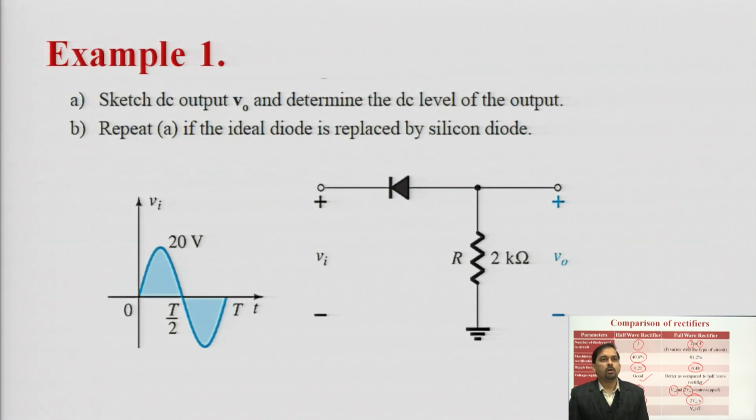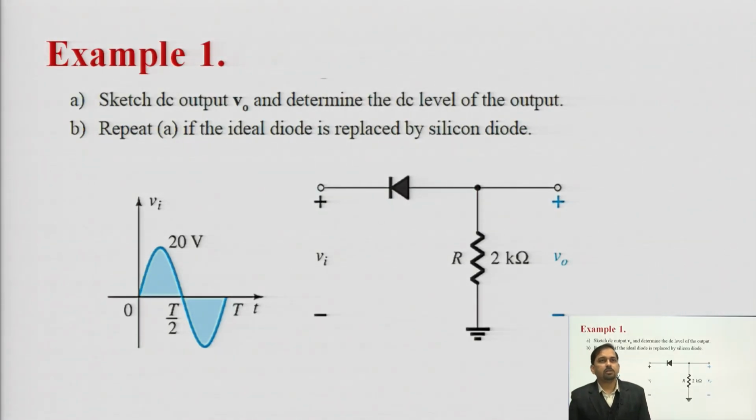Now we will see some examples related to rectifiers. In this example, first we need to sketch the DC output V naught and determine the DC level of the output, and then repeat this with the diode replaced by a silicon diode.